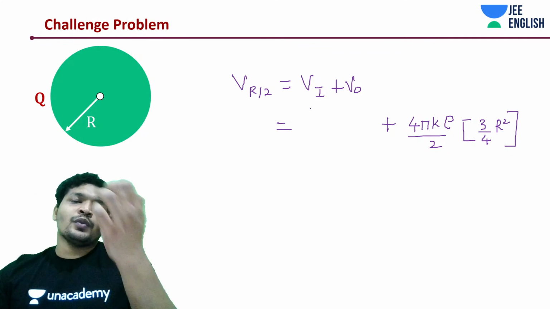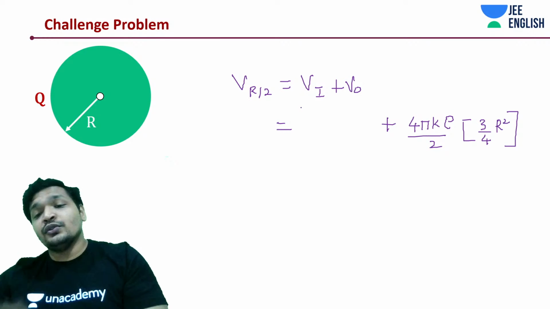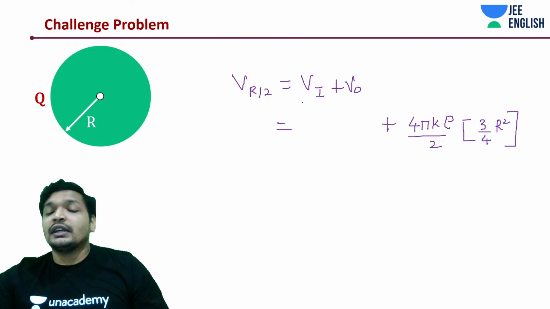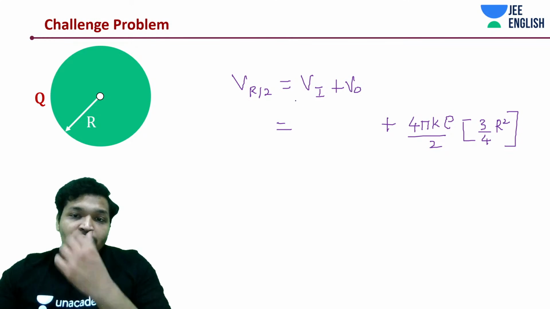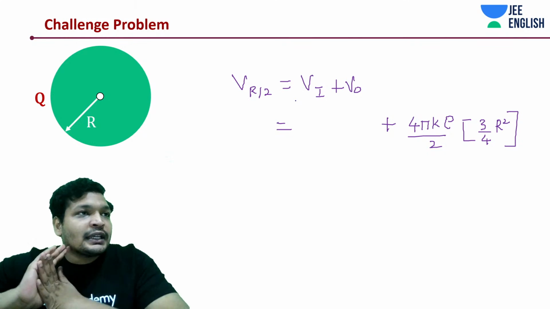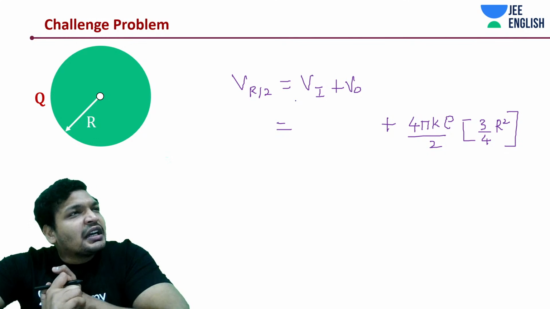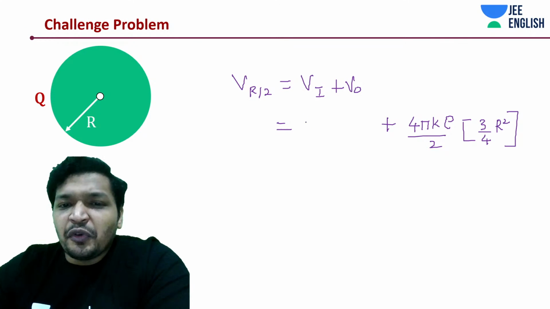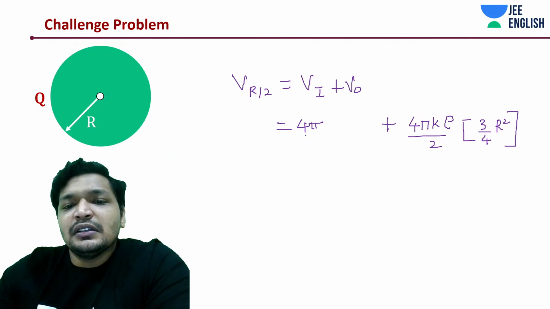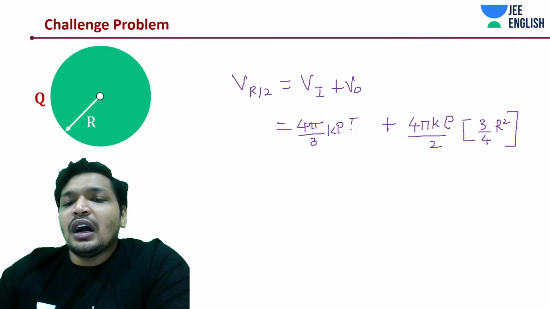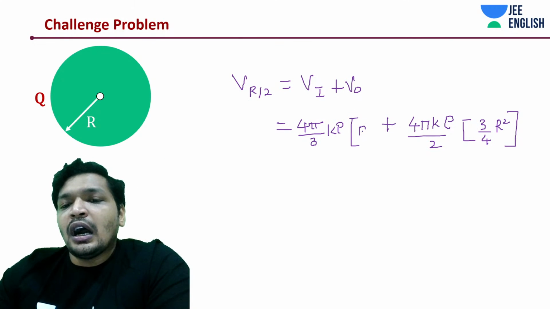And V inner was k q inner divided by r by 2. That would be 4 pi by 3 into k into rho into r by 2 whole square.